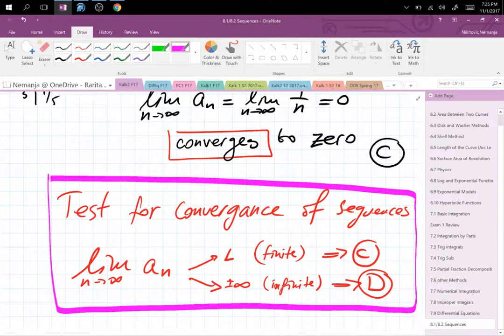You're supposed to know that if you get a finite number, it's a finite value which is convergent. If you get infinity, positive or negative, it's infinite, it's divergent. So you have to know a lot of these things. And all of those steps are part of the grade. Note that the final answer is either C or D. It's a 50-50 guess, right?